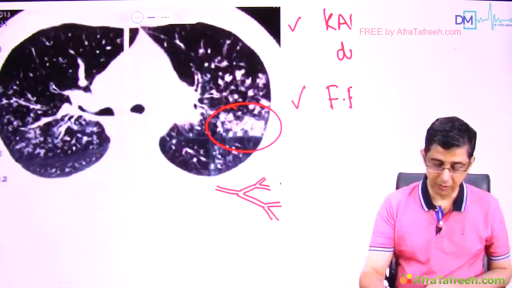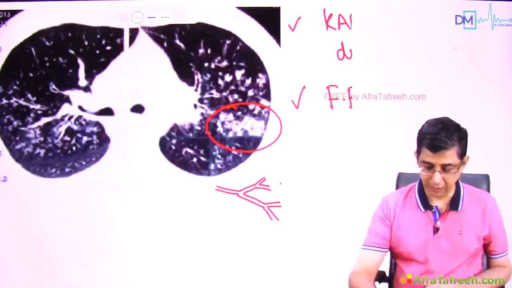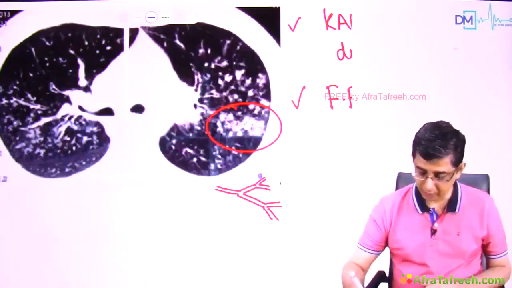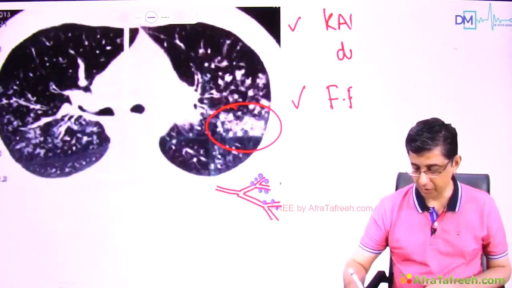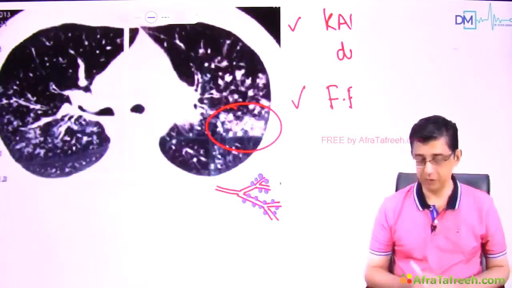Now what is happening in this condition is an appearance that is technically called tree in bud appearance. You can see this budding appearance which is appearing in the smaller airways of the patient, and this tree in bud appearance that we notice is very characteristic for two things.